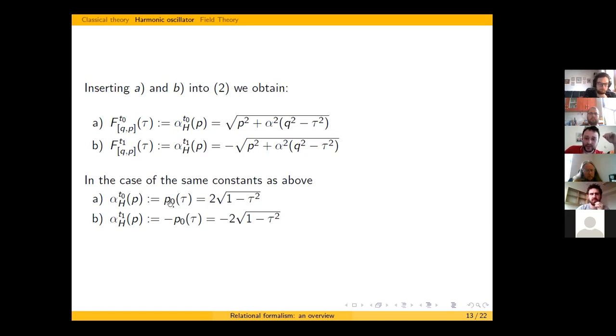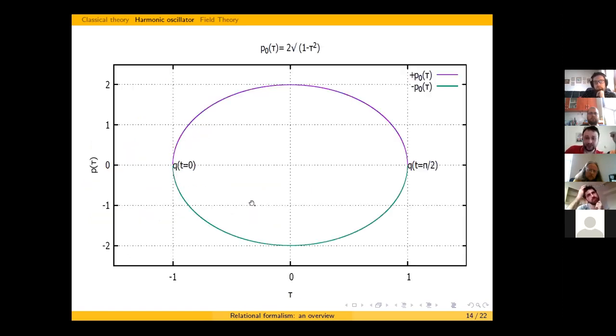So basically, what changed is now that we have the momentum not with respect to time, but with respect to tau, which basically means the position of the harmonic oscillator. In fact, if we want to draw these two, we get the exact curve as before.